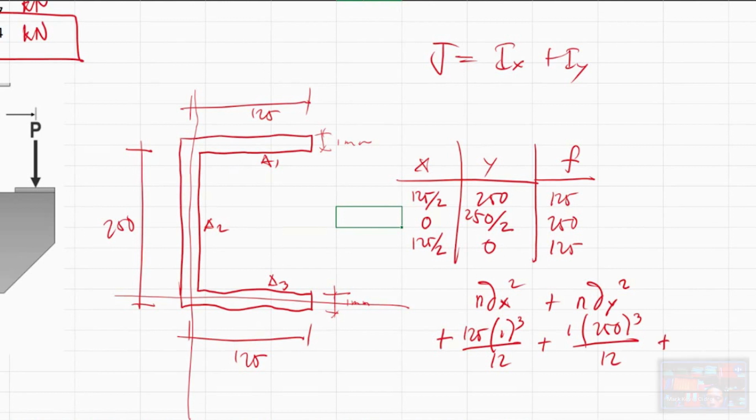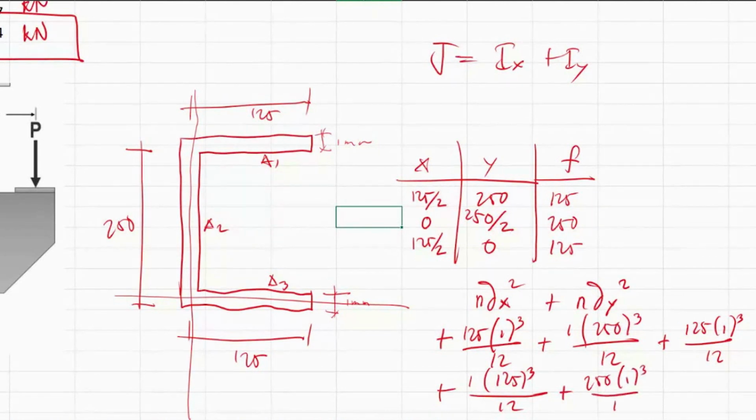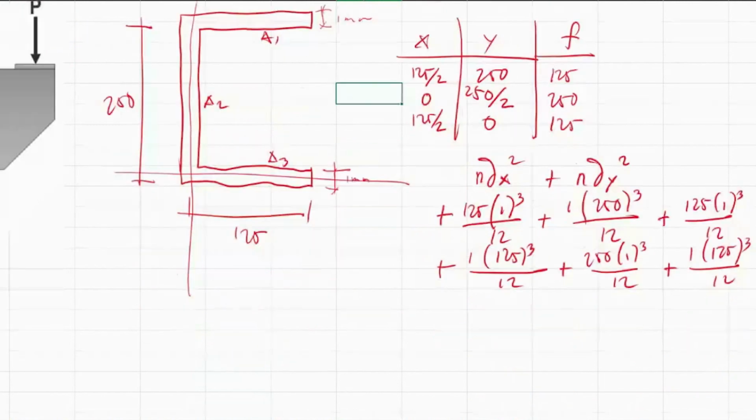Plus area 3: 125 times 1 cubed over 12. Then along the y: area 1 is 1 multiplied by 125 cubed over 12. Area 2 is 250 times 1 cubed over 12, plus area 3, which is 1 times 125 cubed over 12.